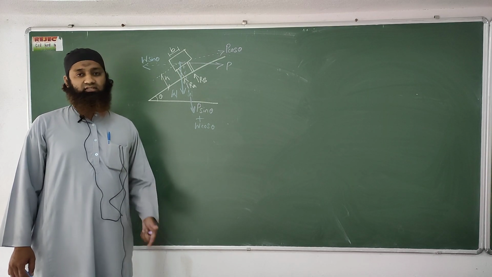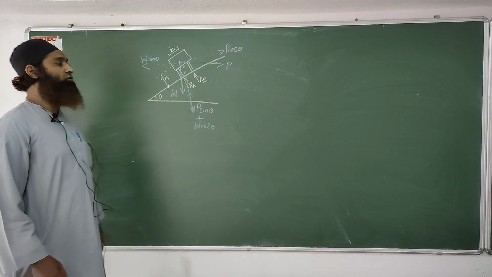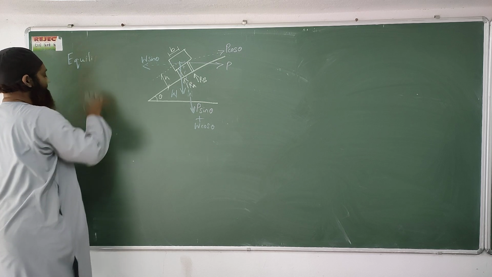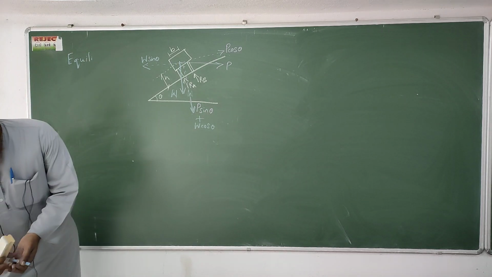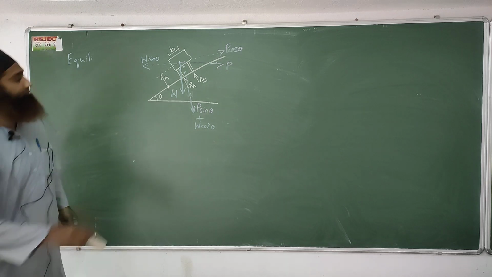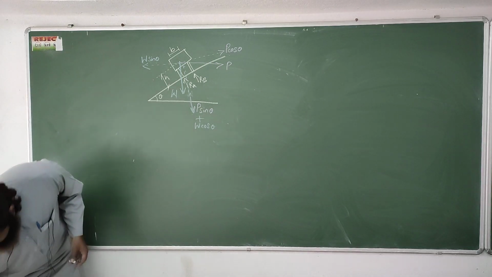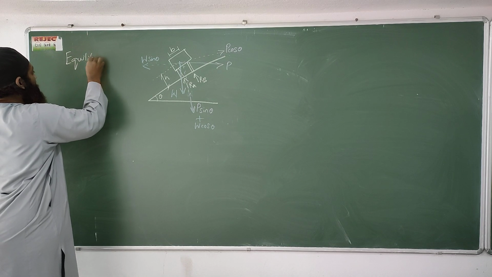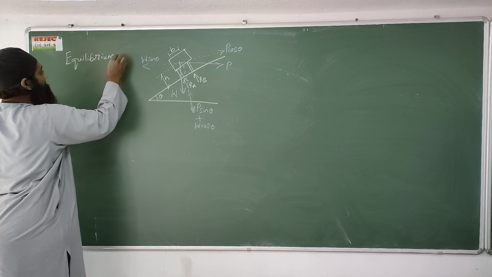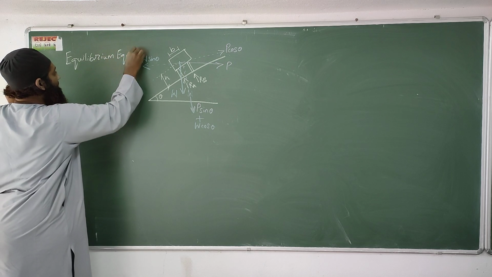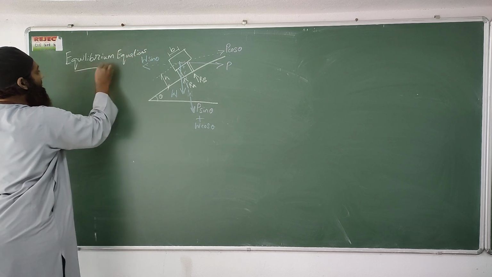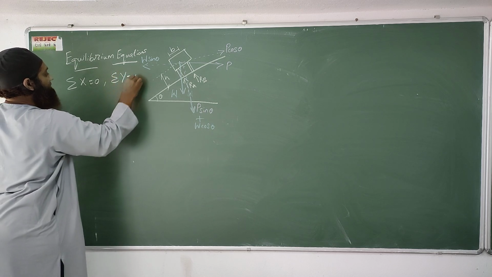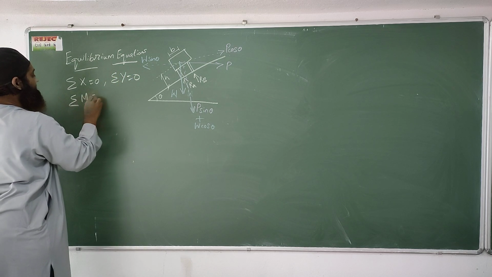As I had told you, there are three equilibrium conditions: sigma x is equal to 0, sigma y is equal to 0, and sigma m is equal to 0.